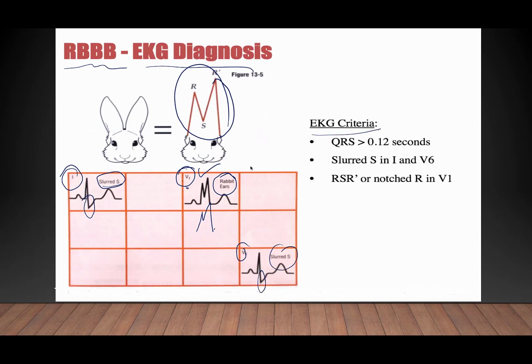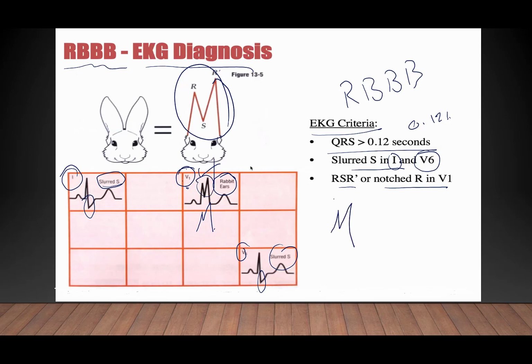So the ECG criteria for right bundle branch block are: QRS more than 0.12 seconds, slurred S in lead 1 and V6, and RSR or notched R in V1, it means here.